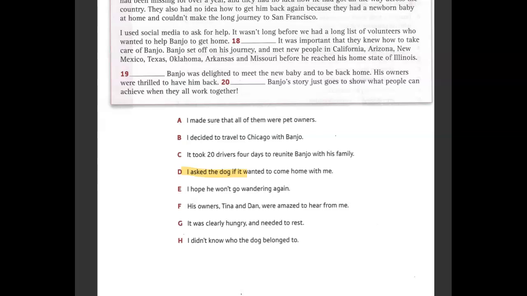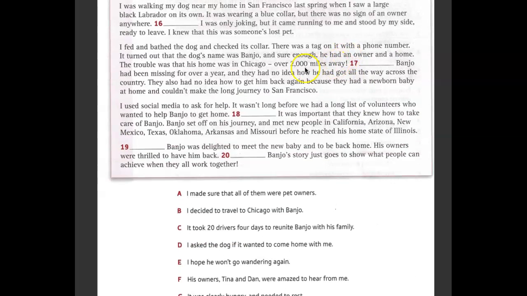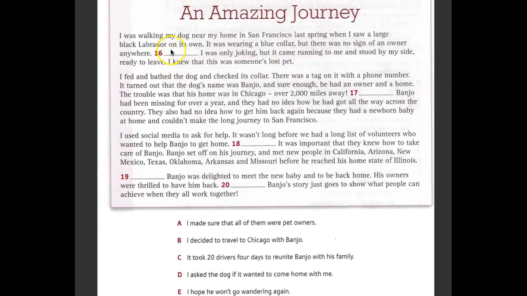Looking at it, it gives me an idea that maybe this would be the possible answer for the first gap. That would be D, I asked the dog if it wanted to come home with me. It makes sense right here.